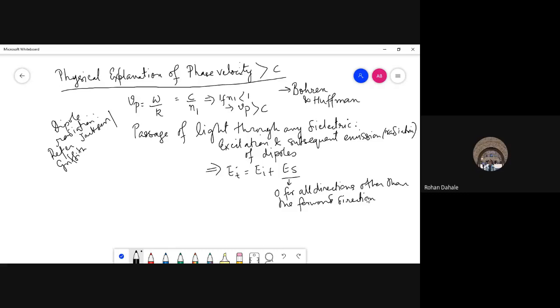Sir, how did you add ES to EI to get ET? How is the transmitted greater than the incident? No, no, this is a vector thing, right? So that we will show. This is actually a vector diagram.